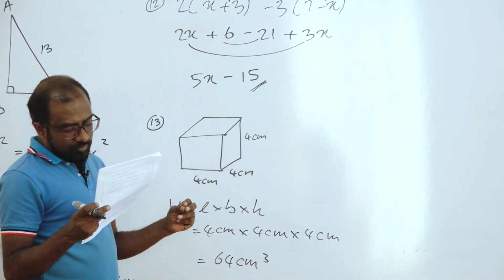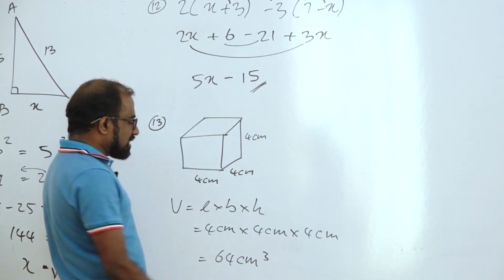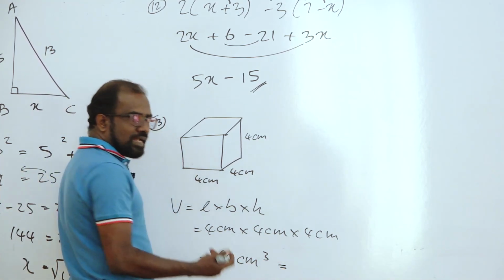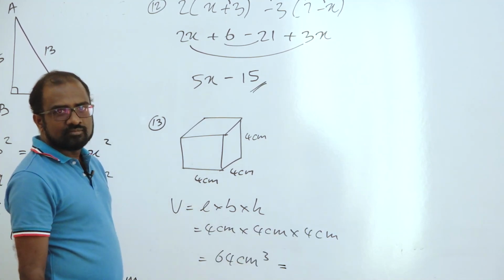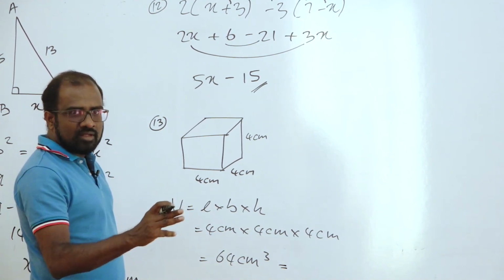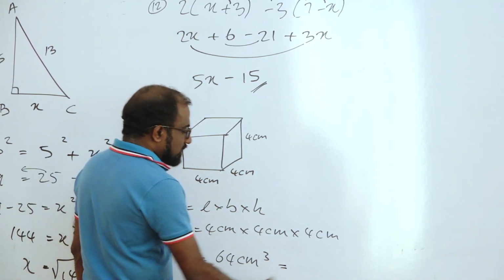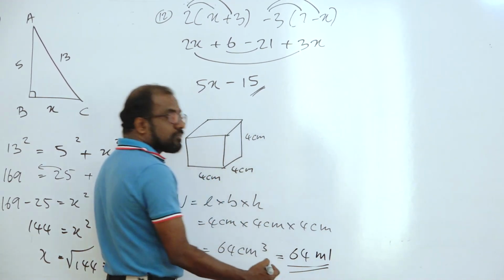Then we can express the volume in milliliters and liters. So how can you convert cubic centimeters to milliliters? There is nothing to convert. Cubic centimeter and milliliter are the same. They are the same measuring unit, only the names differ. So 64 cubic centimeters is 64 milliliters, the first answer.